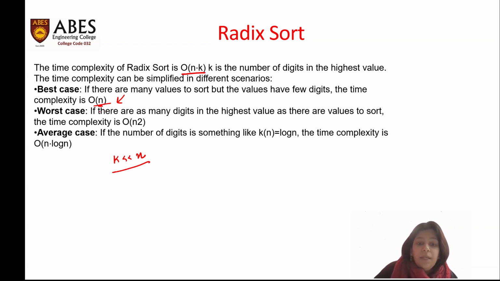But in case of the worst case, if the number of digits is also very high, almost equivalent to the number of values in the input array, then the worst case complexity will reach n square, right? If we talk about the average case, then we can say that the number of digits tends to log n. Then the average case complexity of radix sort will become n log n, right?